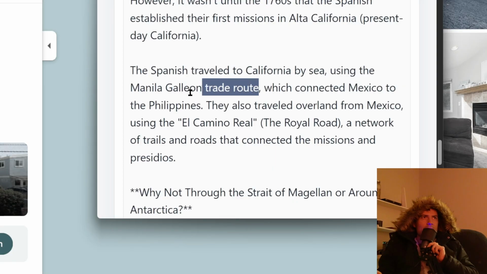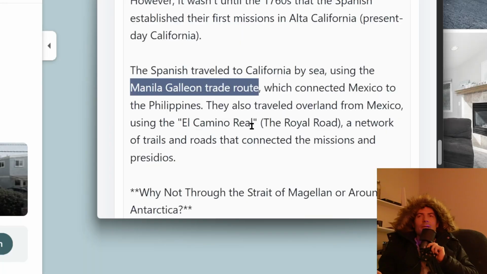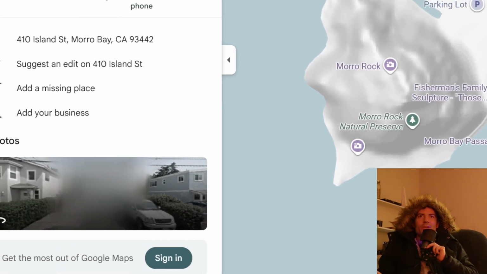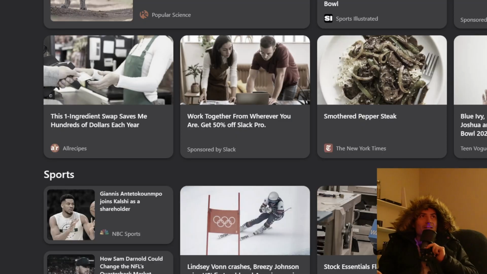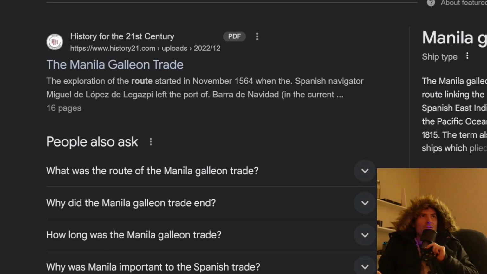Manila Galleon trade route. What connected Mexico to the Philippines? That's worse than going between South America and Antarctica. The Spanish were going from the Philippines.